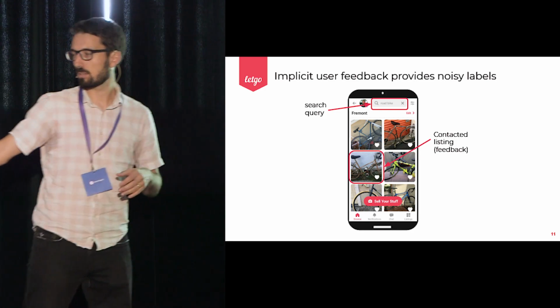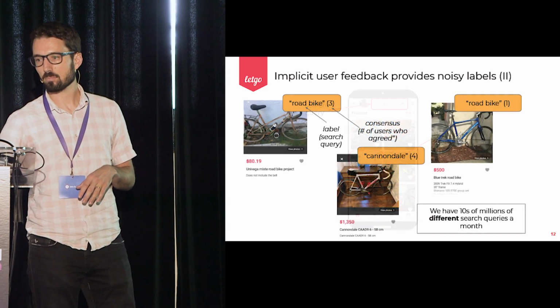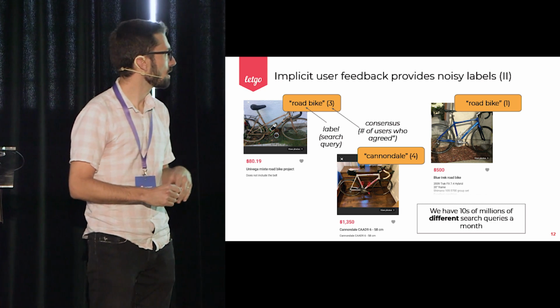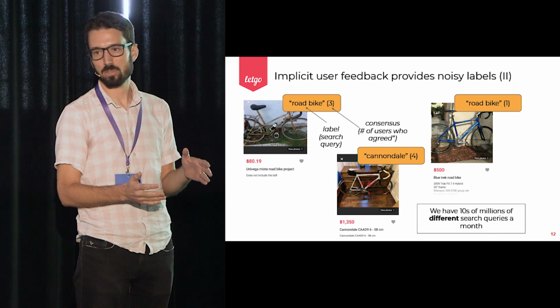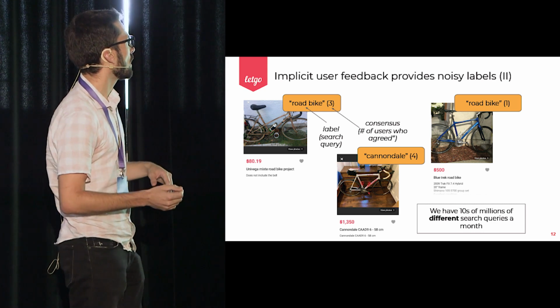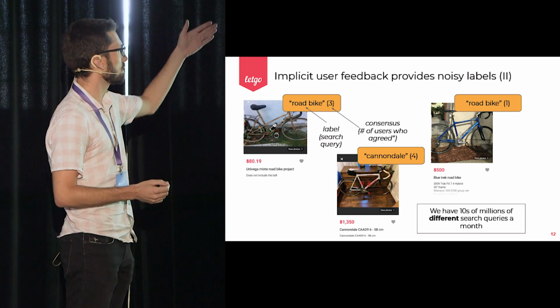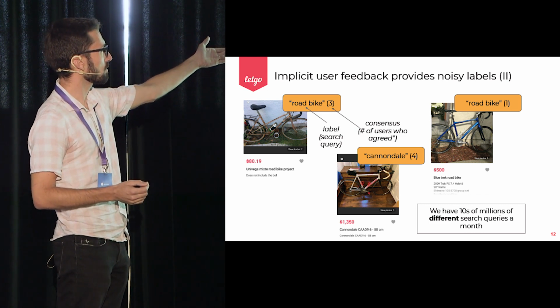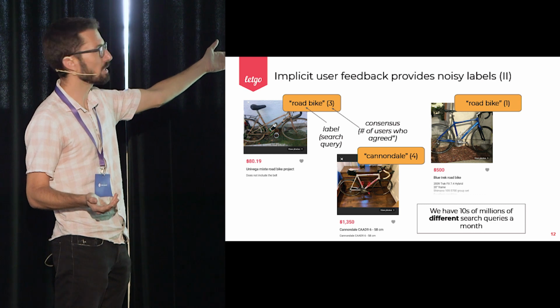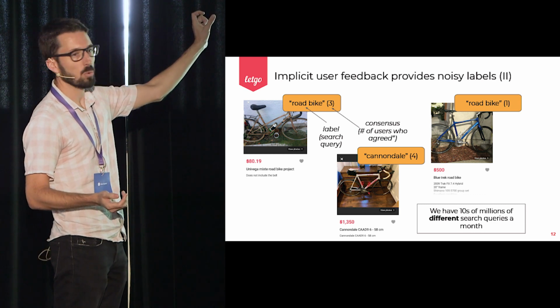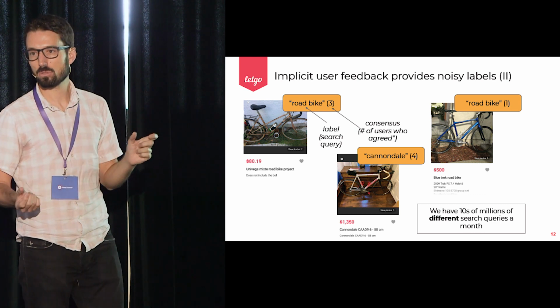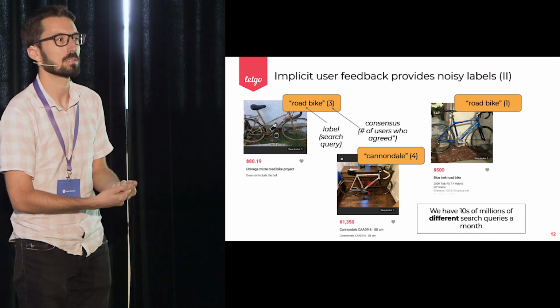Now, every time this happens, if we start aggregating across different search sessions, users, etc., what we end up having, for a very large amount of our products, our listings, are the search queries that people used to actually contact the sellers from that listing.